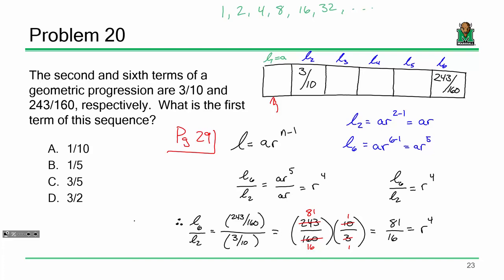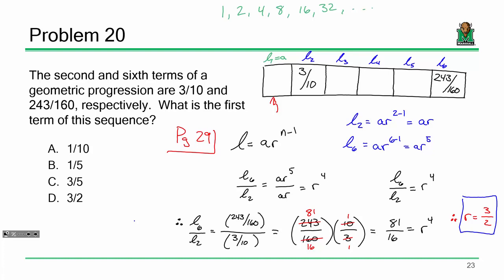So how do we determine what R is? 4th root. So what is the 4th root of 81 over 16? 3/2. So therefore, R is 3/2. Let's verify that calculation that Mr. Moore just did. All right. 3/10.